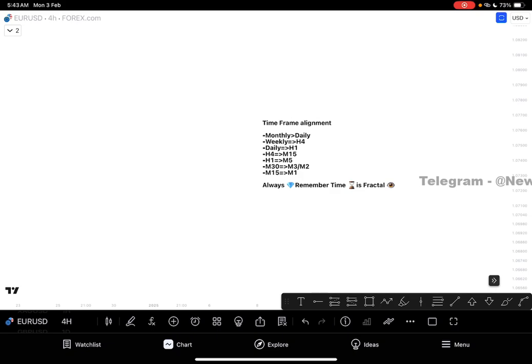Then if you've got a daily key level, you go down to the 4-hour time frame. And also, if you've got your 4-hour key level, you go down to the 15-minute time frame to look for your entry model. And on the 1-hour time frame, you go down to your 5-minute time frame.